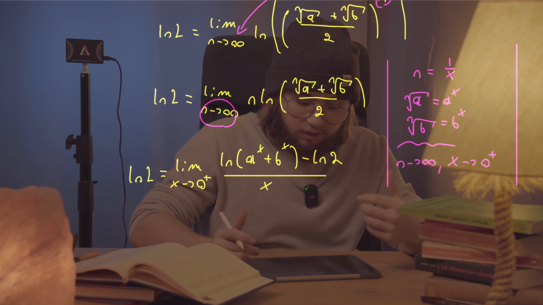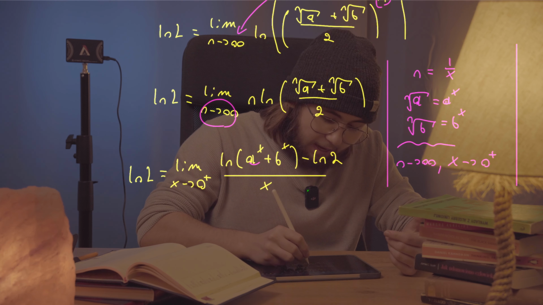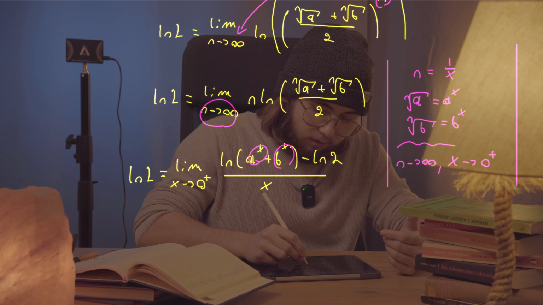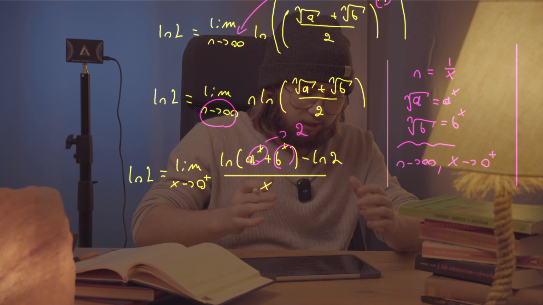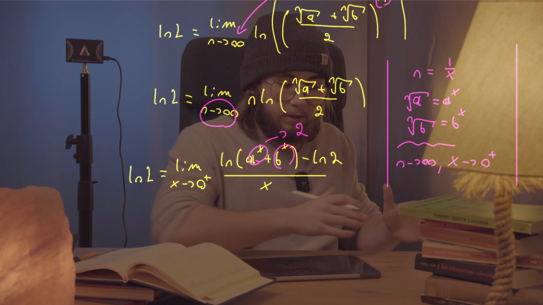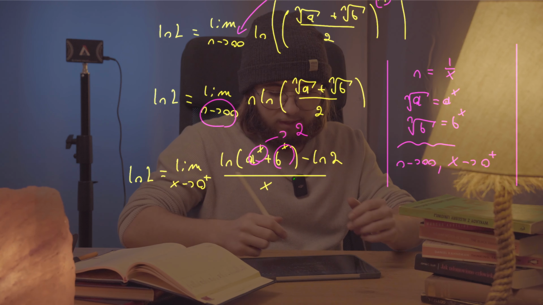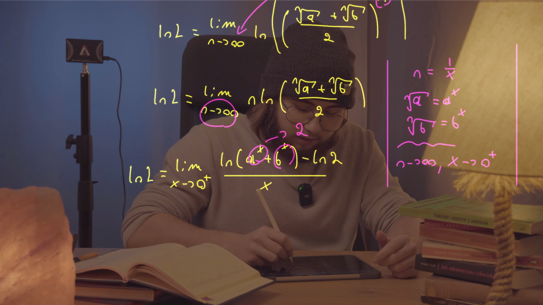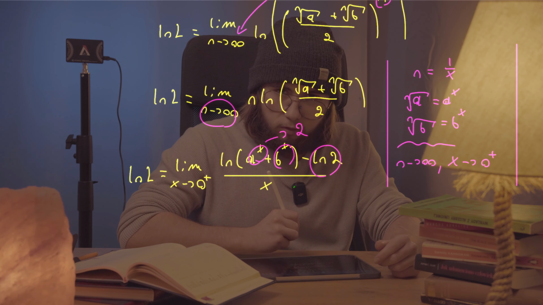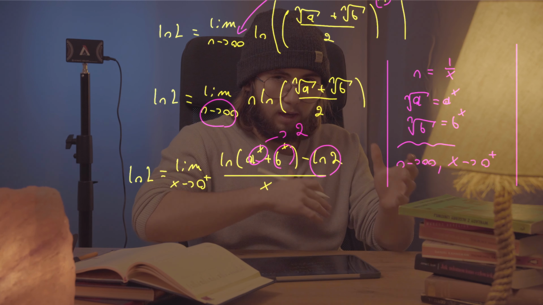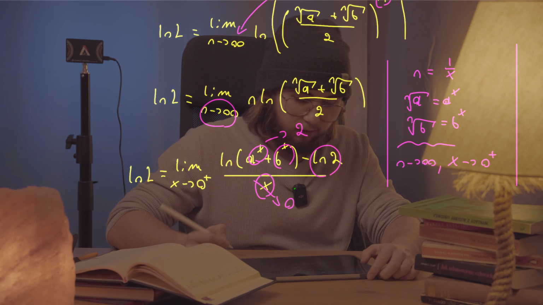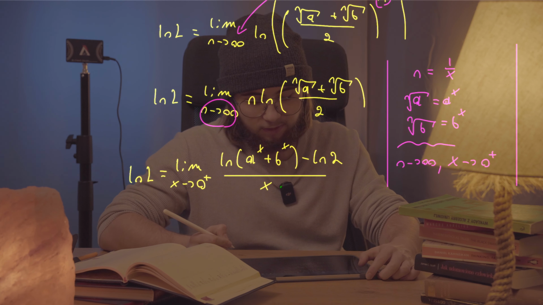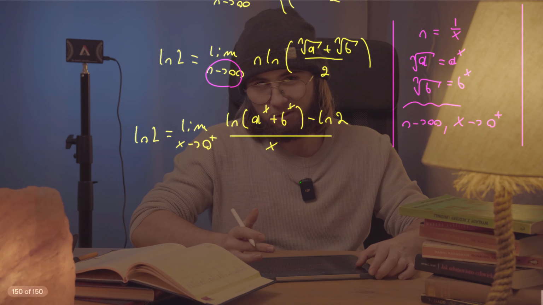As you can see, this natural log of a to the x plus b to the x is going to be the natural log of 2 as our x is approaching 0, because anything to the 0 is 1, and then what we get is this negative natural log of 2, and so those two are going to cancel each other out. I'm going to get a 0 in the numerator, and also this x is approaching 0 in the denominator, so that's a perfect place to use L'Hopital's rule.